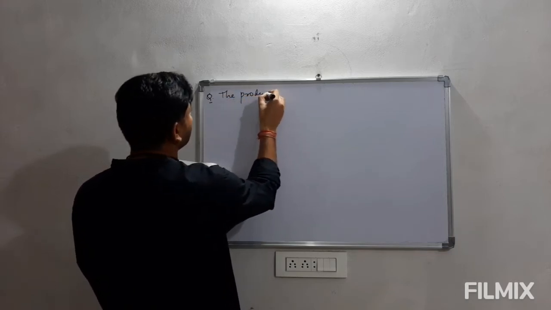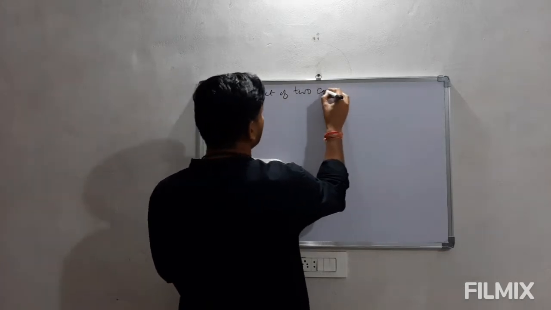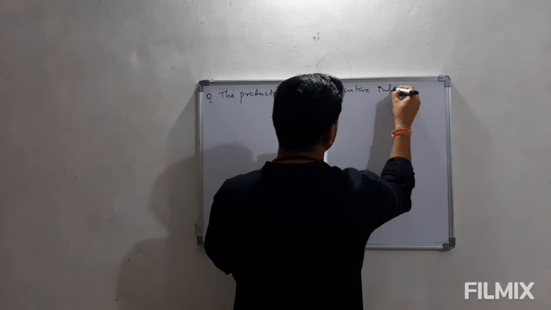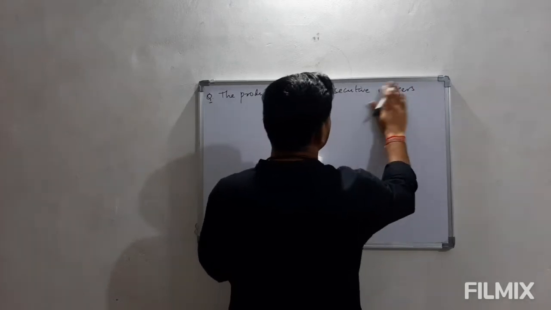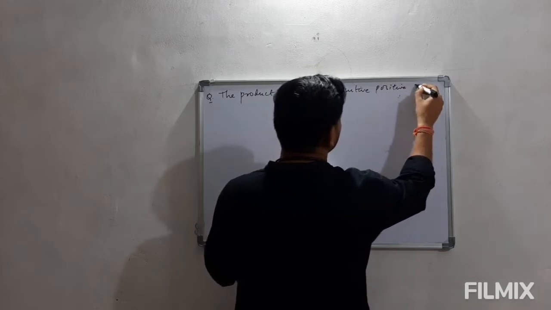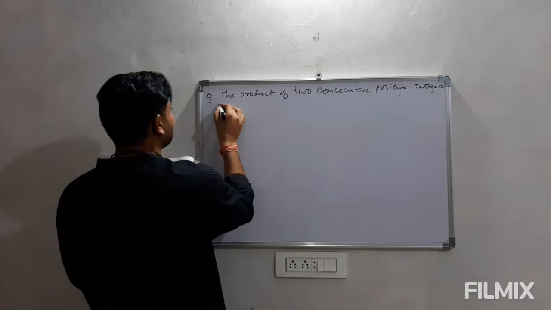The product of 2 consecutive positive integers is 306.